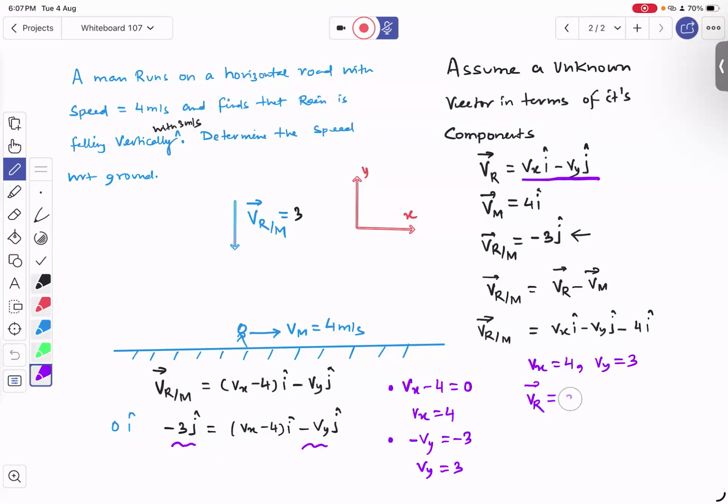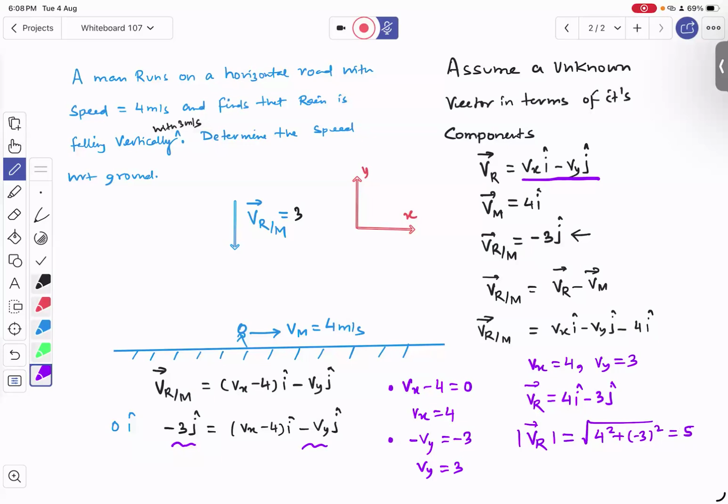So we get 4 i cap minus 3 j cap. This is the velocity of the rain. Now to find the speed, it will be the square root of 4 squared plus minus 3 squared, and that is going to be 5.